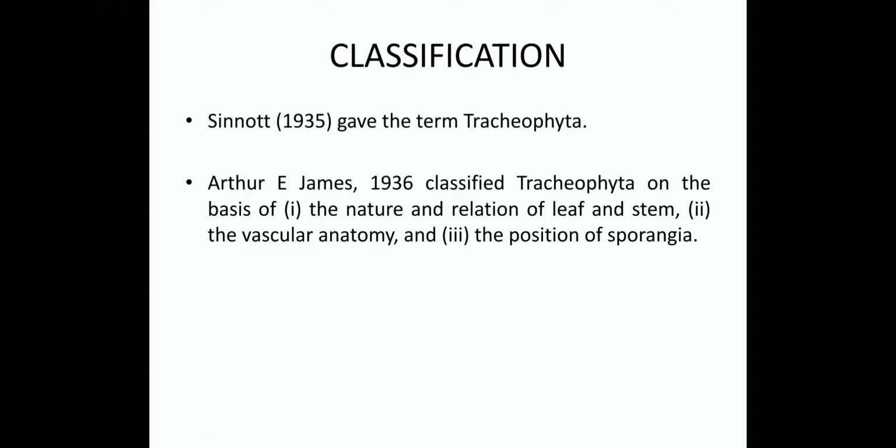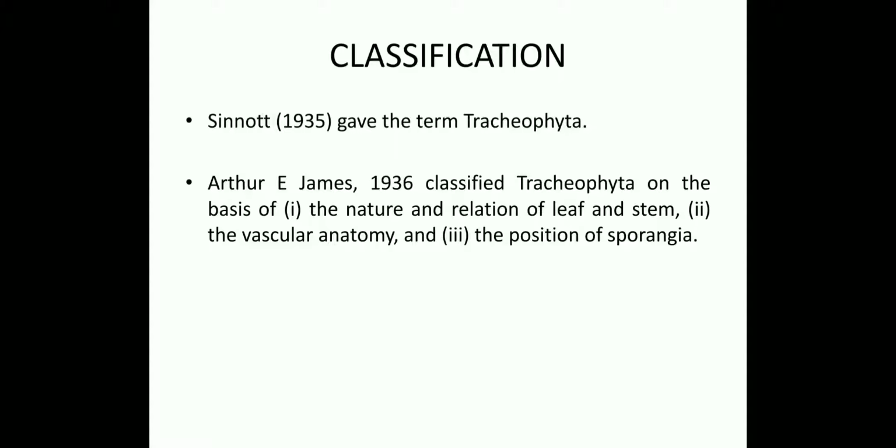Then second, how is the vascular anatomy? If you study the structure of the vascular system, that is the xylem and the phloem, whether the xylem has tracheids, vessels, xylem fibers, xylem parenchyma, and what components the phloem has. So this was the second basis. Then third was the position of the sporangia, where the sporangia is located.